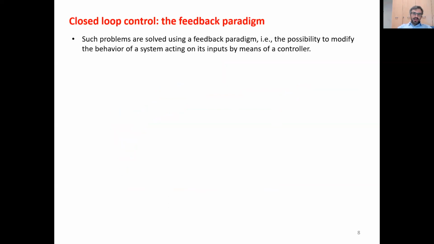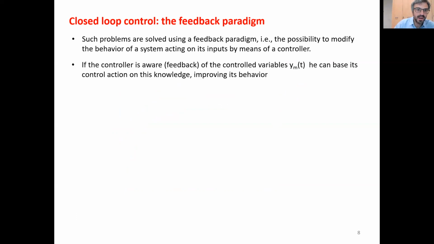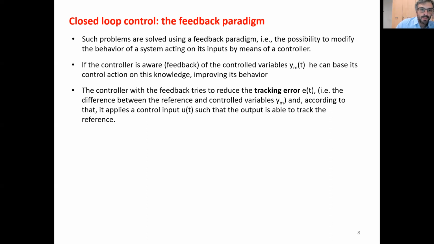That's why we come to the idea of feedback control, closed loop control. That is the controller that exploits the feedback, the possibility to modify the behavior of the system acting on its input by means of a controller, being aware of the control variable ym, and basing its control action on this knowledge. The target of a feedback control system is to reduce the tracking error, the difference between the reference and the control variable, and apply the control action according to that.